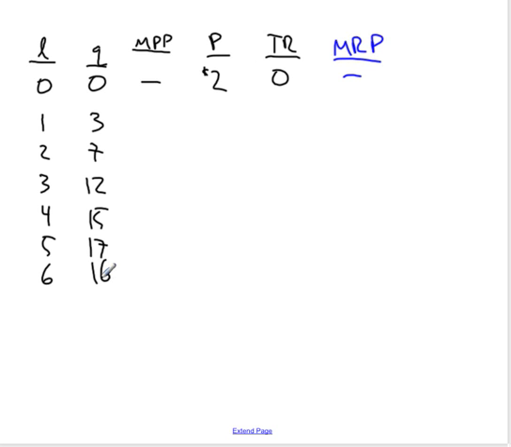Marginal physical product then tells you when you go from 0 to 1 workers, output goes up from 0 to 3. When you go from 1 worker to 2 workers, output goes up from 3 to 7. In other words, an increase of 4.